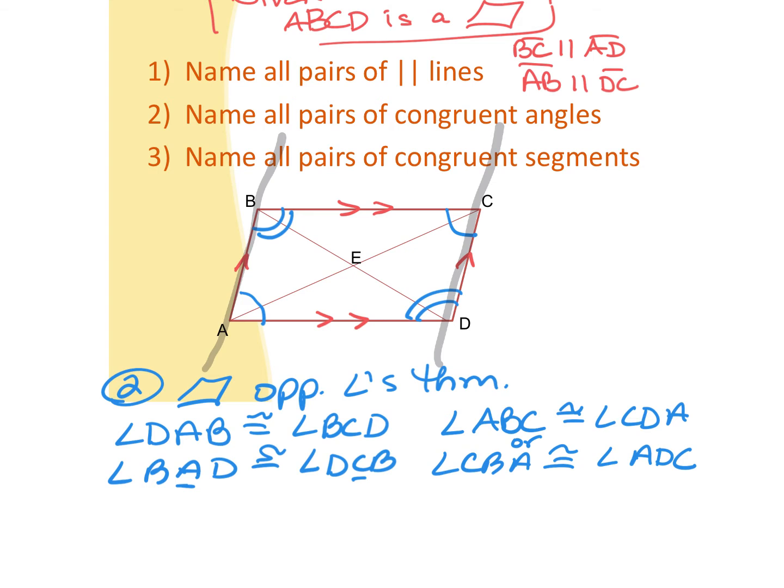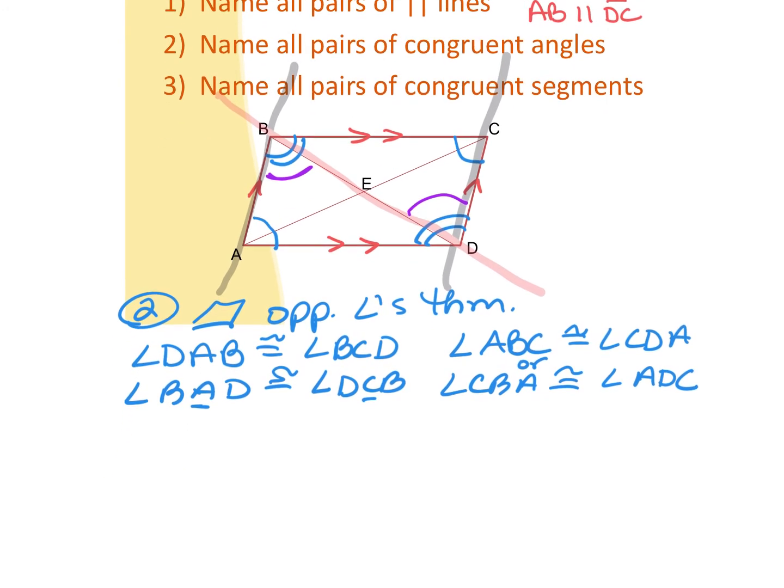My first transversal could be BD. Making, and this picture is going to get really, really busy here because we've got lots of angles here. So I can show you that this angle here is congruent to this angle here because these are alternate interior angles. And then I also have another pair when I use the other transversal.